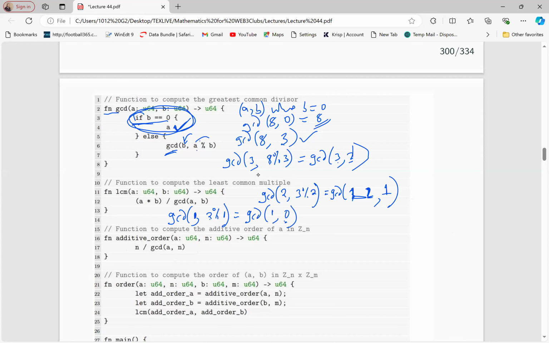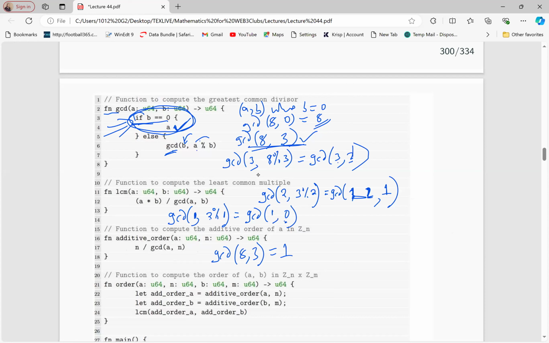So the GCD of the numbers that we began with, 8 and 3, therefore, is 1. So that is how the code is going to get the GCD.